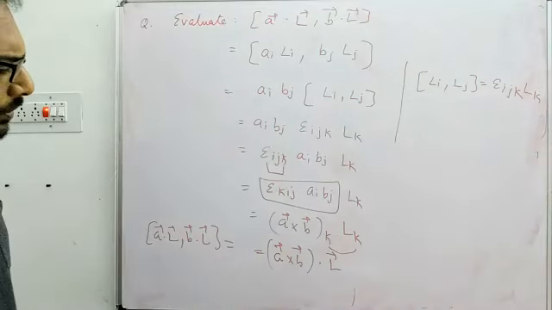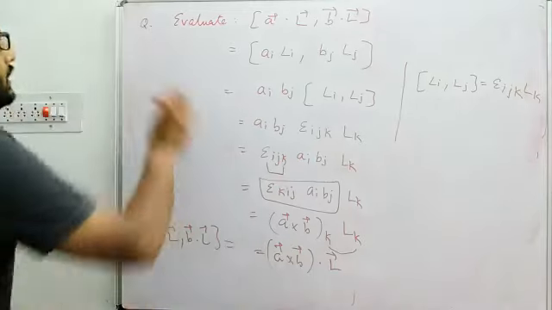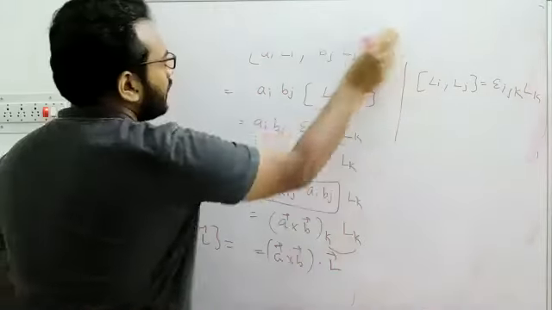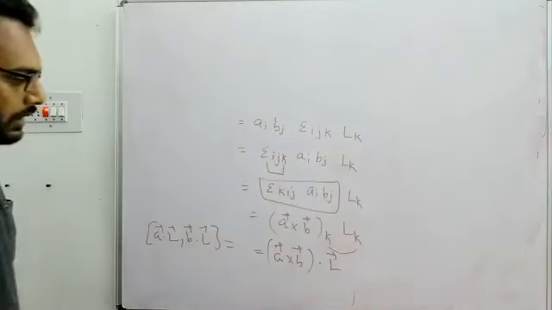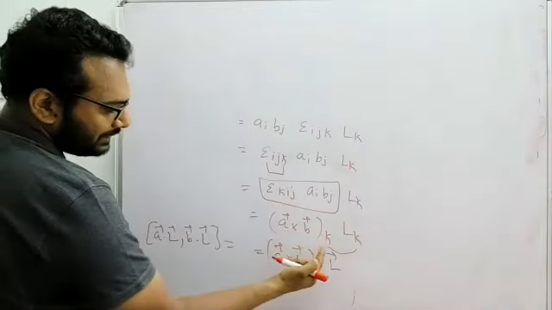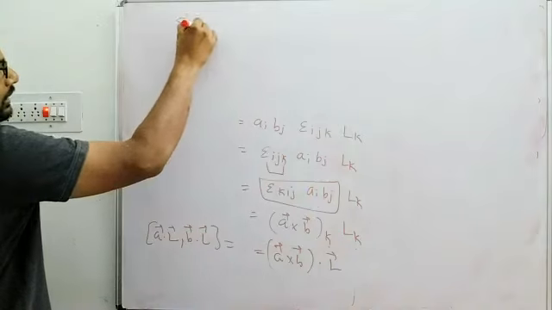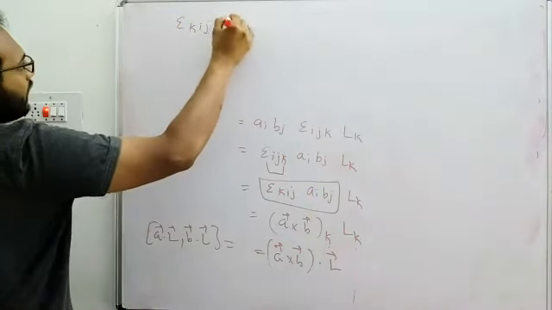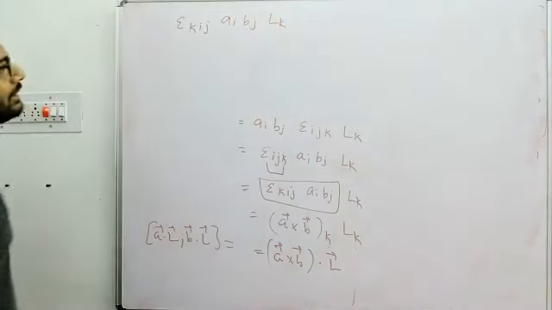What do you call this product, cross and dot coming together? Doesn't matter, but you know this property. Starting again from epsilon kij Ai Bj Lk, it depends on how you combine these terms.